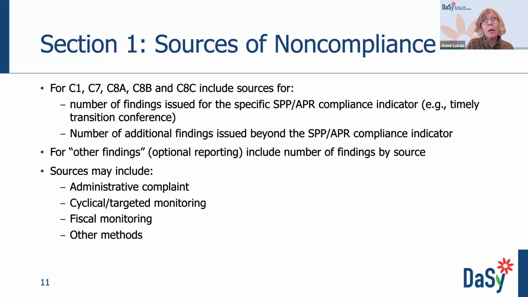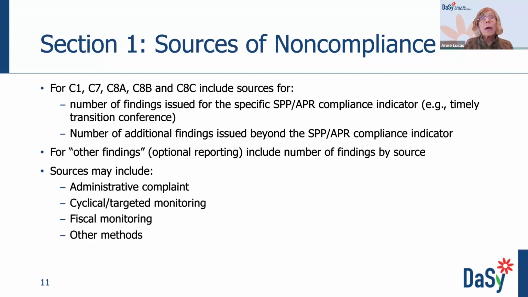So if you're reporting under the table C1, then report that there were 10 findings issued for X number of programs. Or if you're doing it under C8C, then you would do it specific for the timely services requirement.